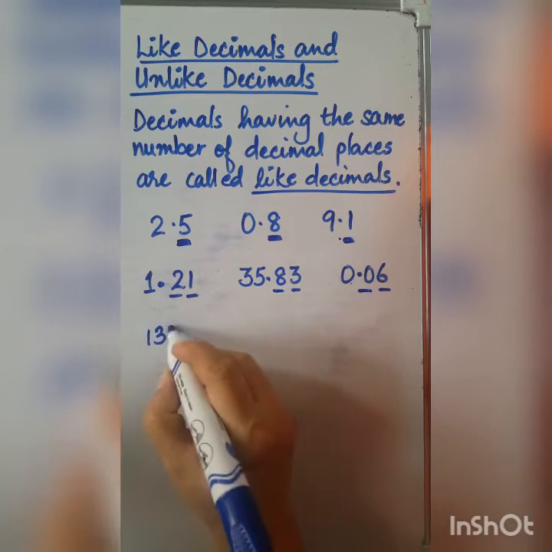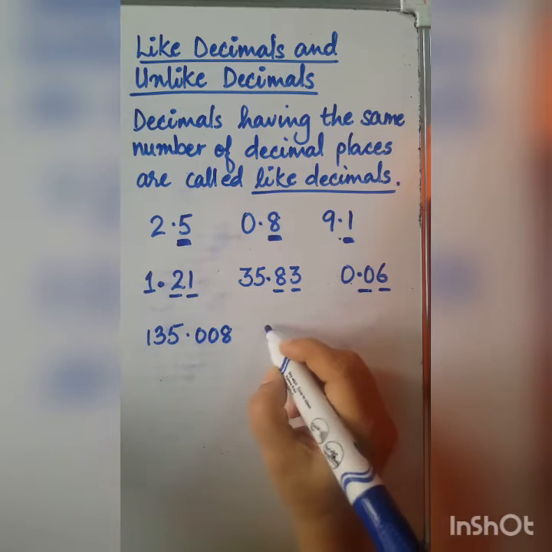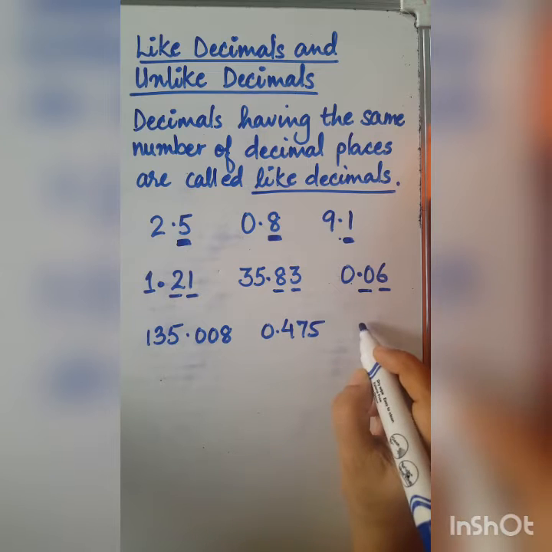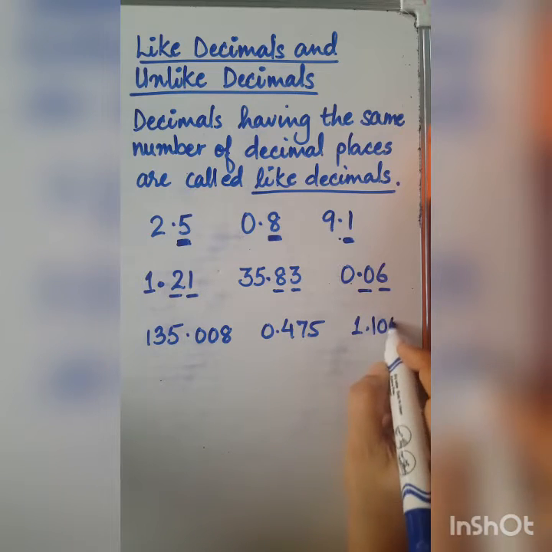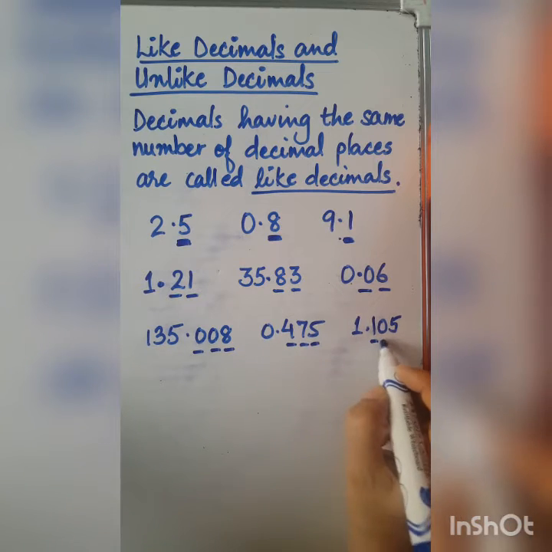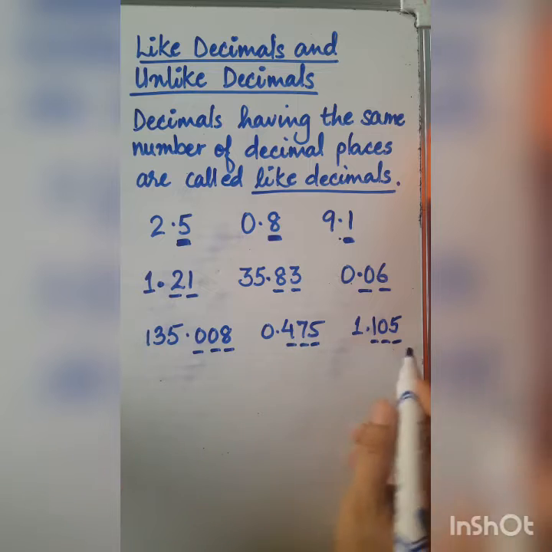Similarly, if I take another example, 135.008, 0.475 or 1.105, these have three digits after the decimal point, or three decimal places, therefore they are like decimals.